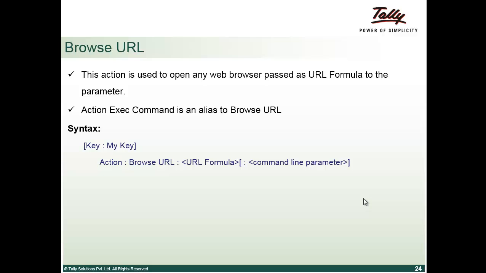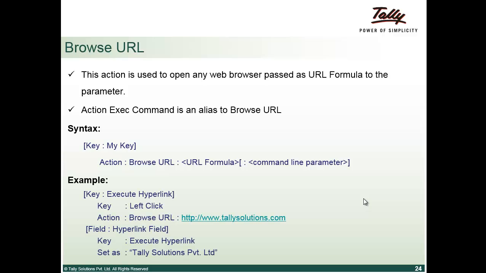So the syntax is, in the key you give action browse URL and then you specify the URL formula, and if you have some command line parameter, you specify that, which is optional. So here just an example is given.